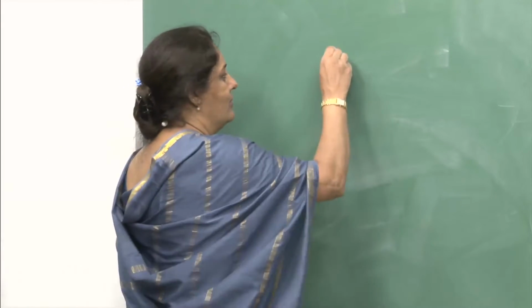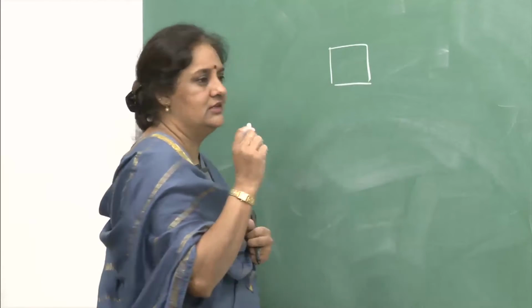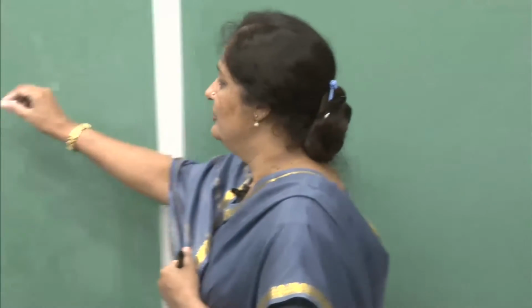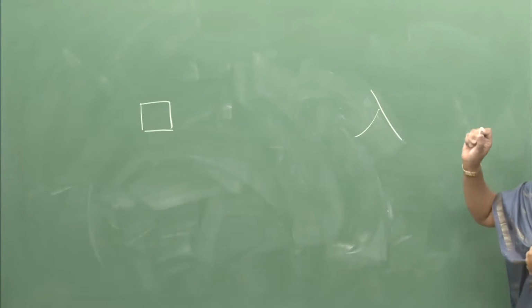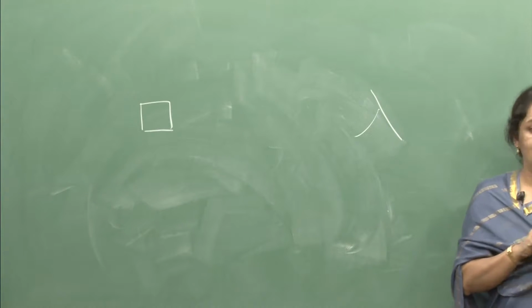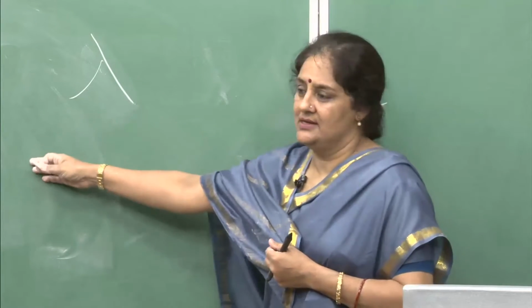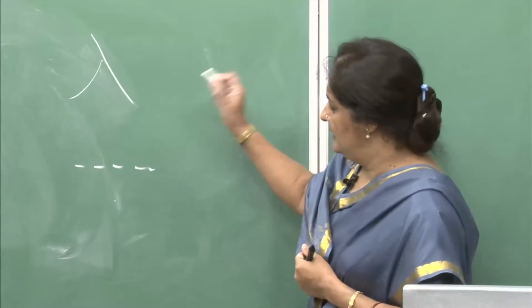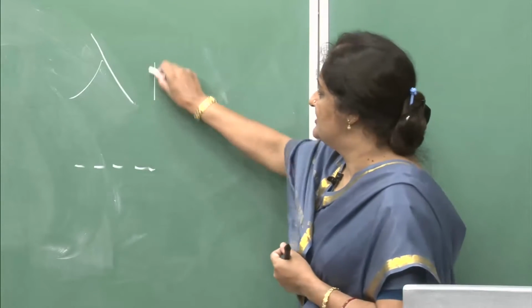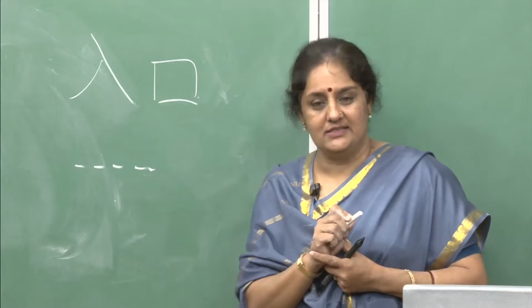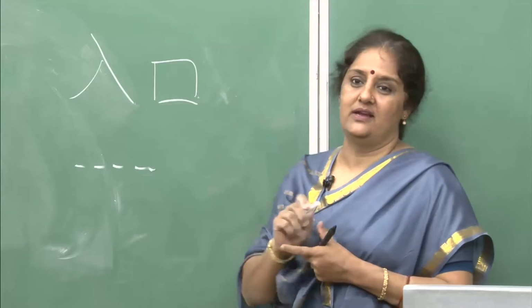For example, if you know that this is kuchi, it looks like a mouth, you understand what it is. So the moment you see kuchi and you know the meaning of this character, which means to enter, even if you do not know the Japanese word for entrance, you see this written somewhere, you will automatically understand that this means entrance.